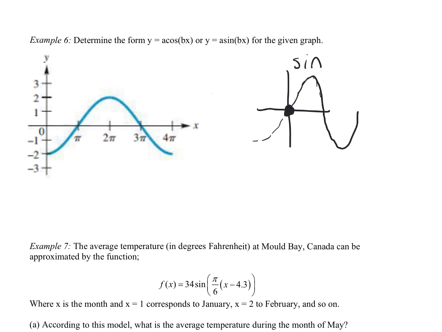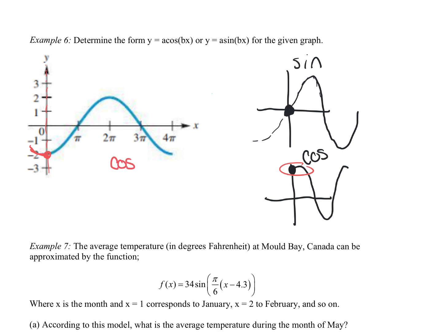But cosine starts at the top of a hill and then it goes down and back up again. So when I look at my y-axis, that is a low point. It's the bottom of a hill, which means because it's a hill, I'm going to write a cosine.